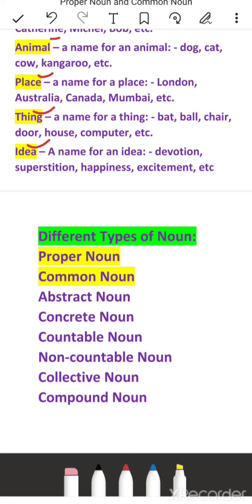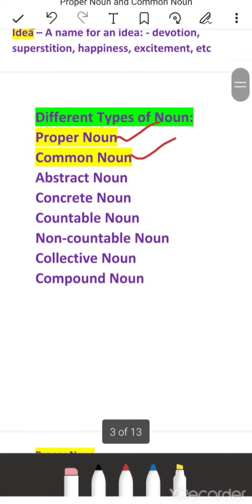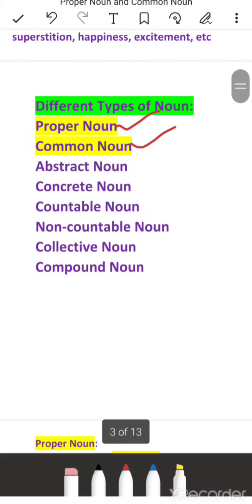Today in this video we are going to cover the proper noun and common noun. Apart from this, we will have a test and a practice that you will do with me, and after that there is a practice set for you also. So let us begin with the proper noun.